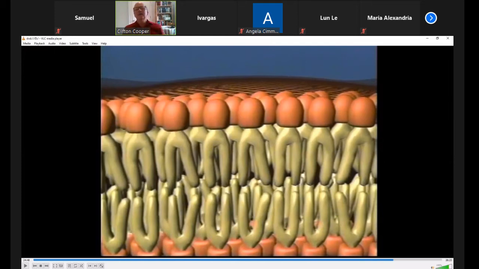Now, your body is mostly water, cytoplasm is mostly water, your cells have these big watery spaces inside of them, and these phospholipids in a membrane will orient so that these water-attracting heads face toward the water. They want to be touching water, but you have these two water-repelling tails.